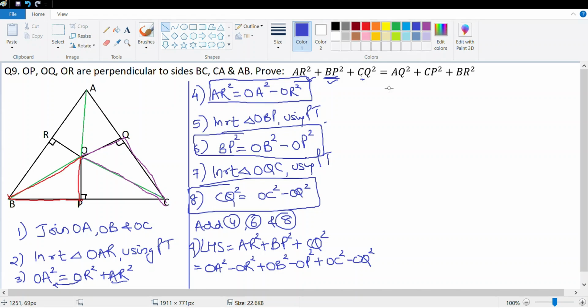So that's the left hand side that we've got. Let's try and work with the right hand side and see if we'll get the same value.